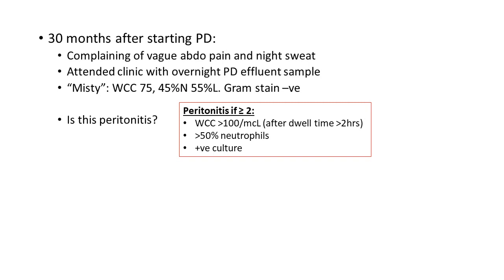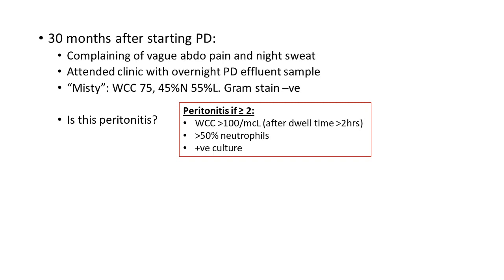Well, ISPD says if you have 2 or more of these factors: a white count of over 100, which he didn't have, although you have to bear in mind that this has to be after a dwell time of at least 2 hours. Now, this was an overnight sample, so that's fine, but if someone brings up an APD sample from the drain bag, the dwell time there is usually less than 2 hours, so they may have peritonitis even if the white cell count is less than 100.